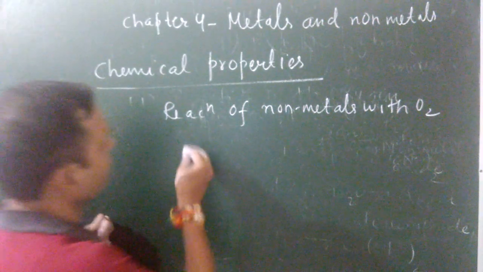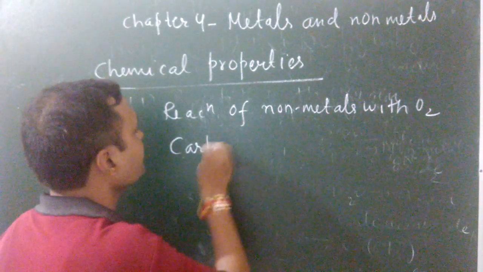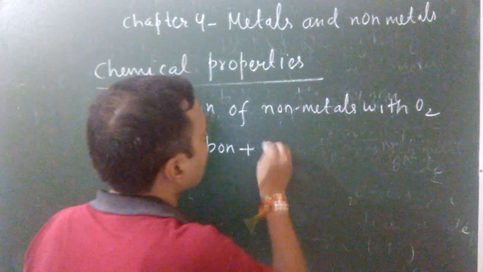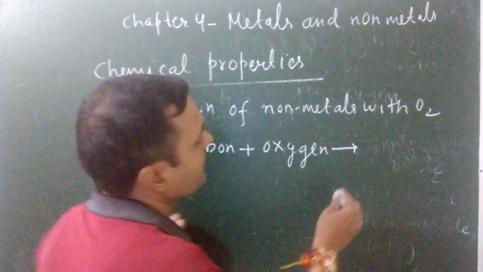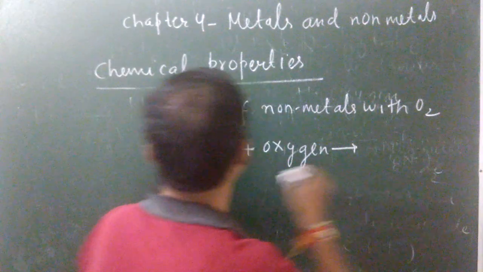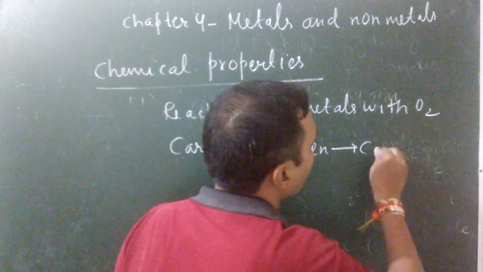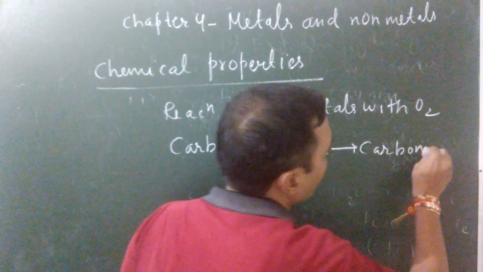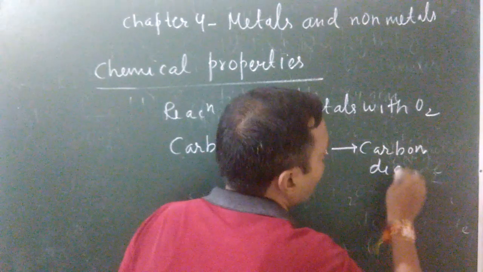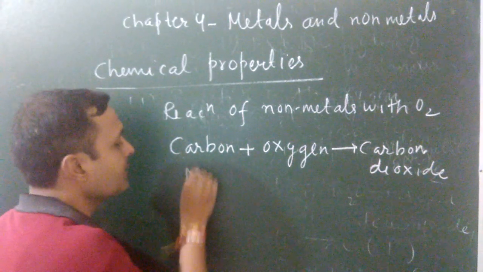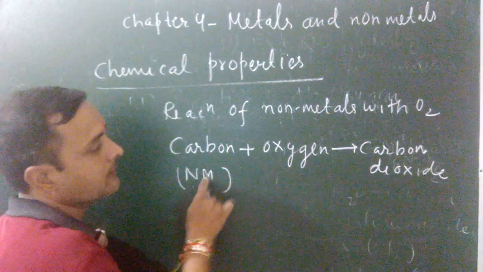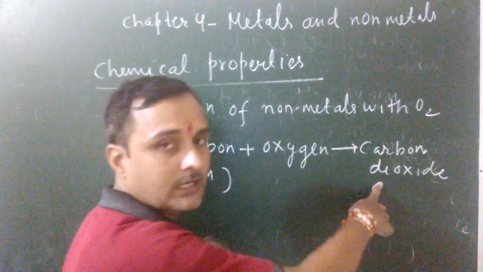Now see carbon plus oxygen, formation of carbon dioxide. It is the oxide of carbon. This carbon is a non-metal. A non-metal reacts with oxygen to form a non-metal oxide.